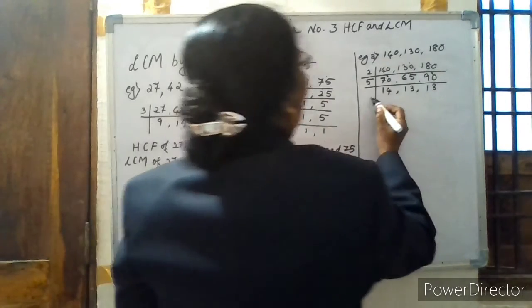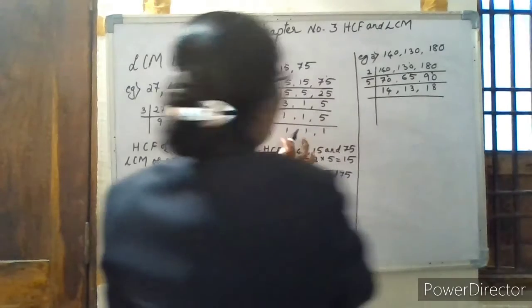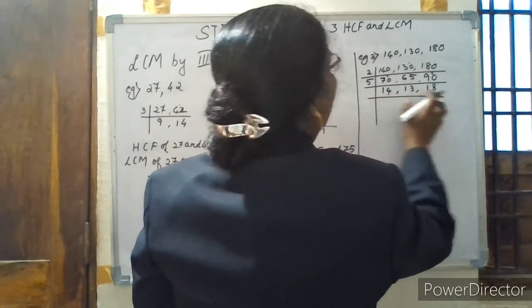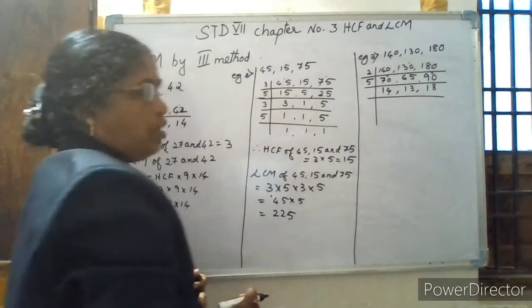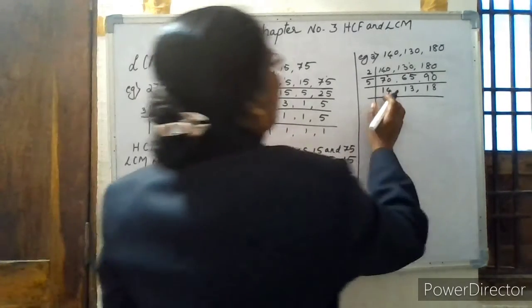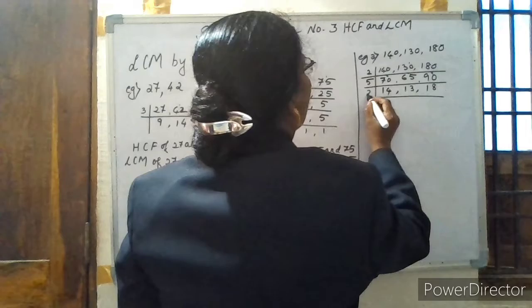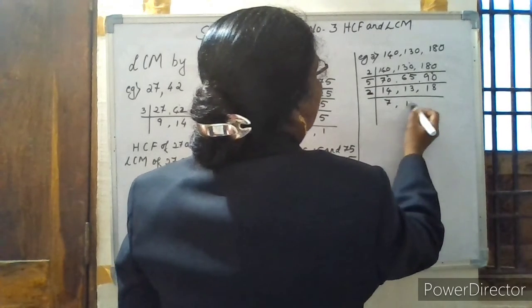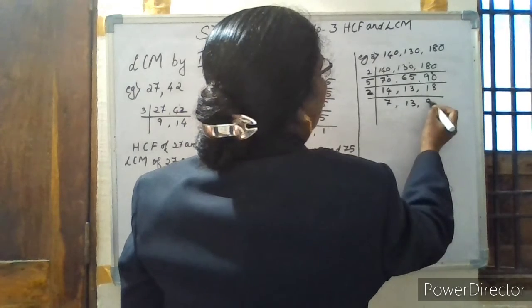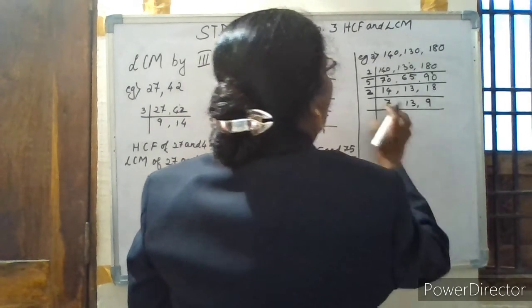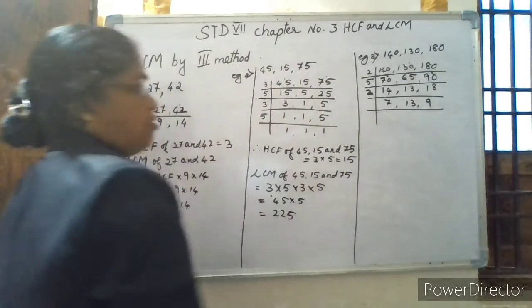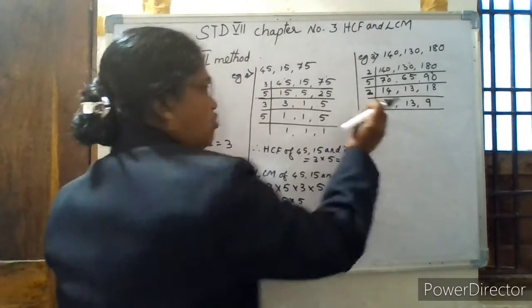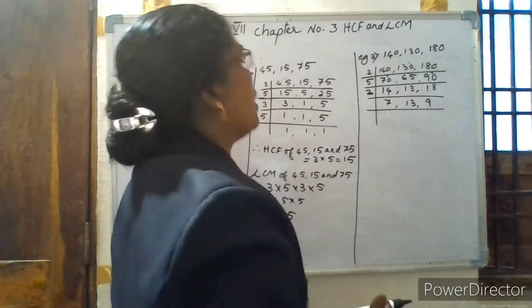So now we can divide until we get 1 1 1, we can do the division. These 14 and 18 are even numbers, so we can divide 14 and 18 now by 2. 2 7s are 14, this 13 will remain as it is, 2 9s are 18. Now all three numbers are not divisible by any common number, neither are any two of them divisible by any common number.